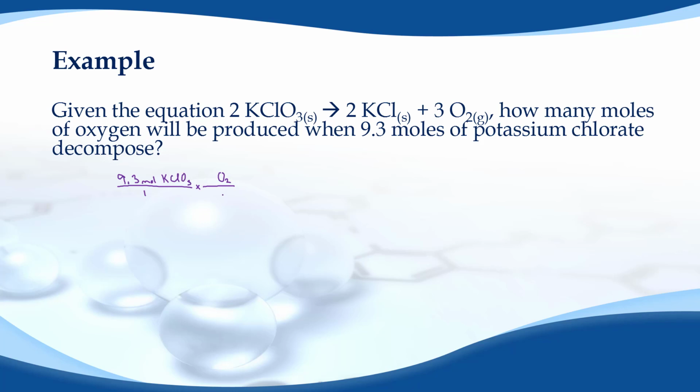I'm trying to cancel out KClO3, so that will go on the bottom. 3 moles of oxygen is the same as 2 moles of KClO3. KClO3 cancels out. I'm left with moles of oxygen, which is what the question is asking for. So I just do the calculation and I'm done. So 9.3 times 3 halves to two sig figs will give us 14 moles of oxygen.